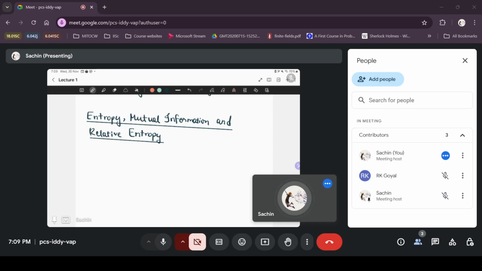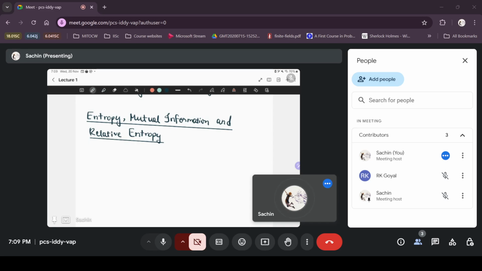For example, if you're talking over the phone, then there will be some input that will go through a channel and that will be received by the receiver. But in between, there might be some noise. So, what exactly is sent by the sender is not exactly the same as what is received by the receiver.